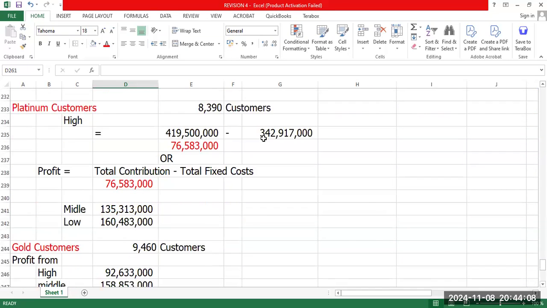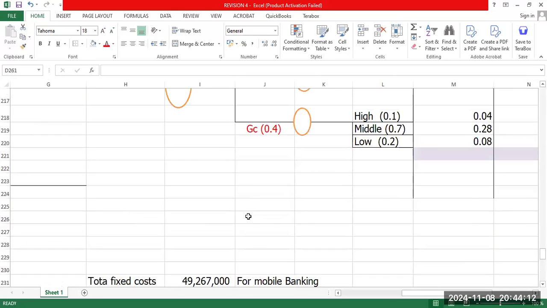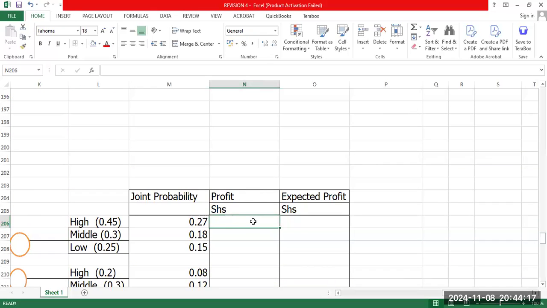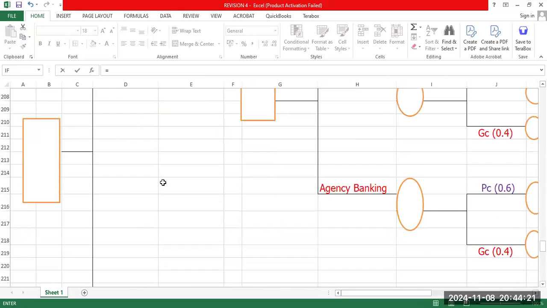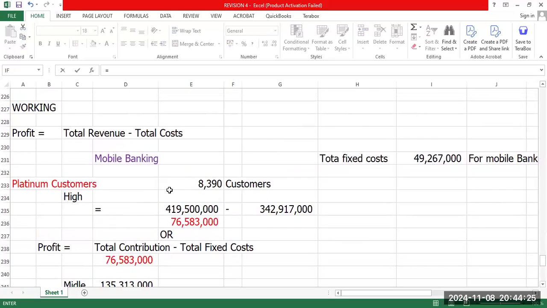Let's fill in our table. The profit here for high is this one.